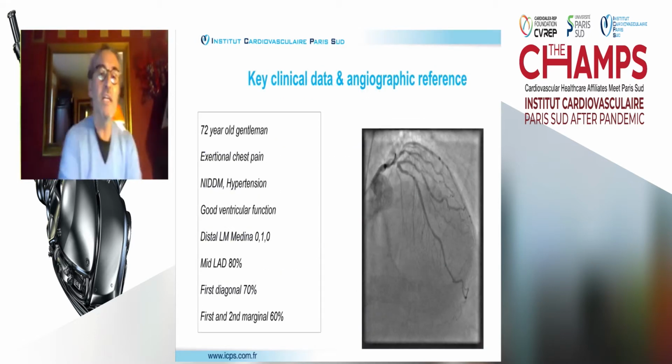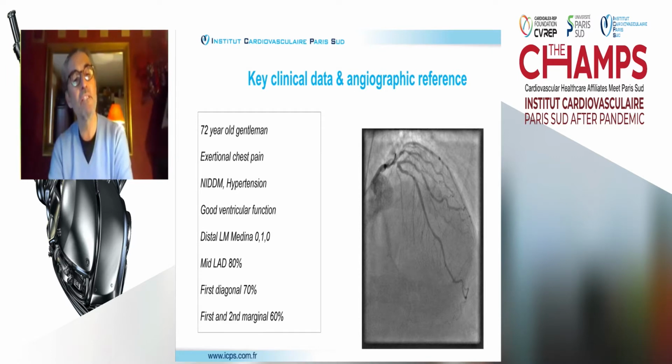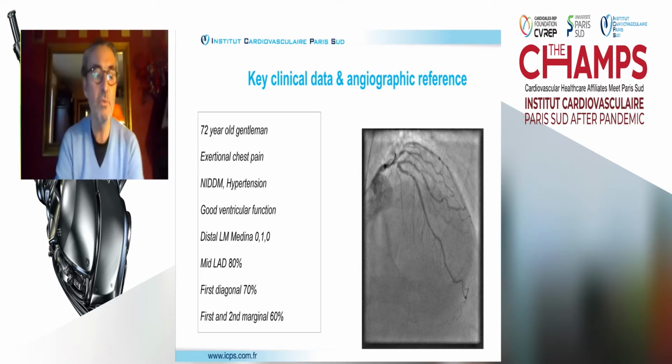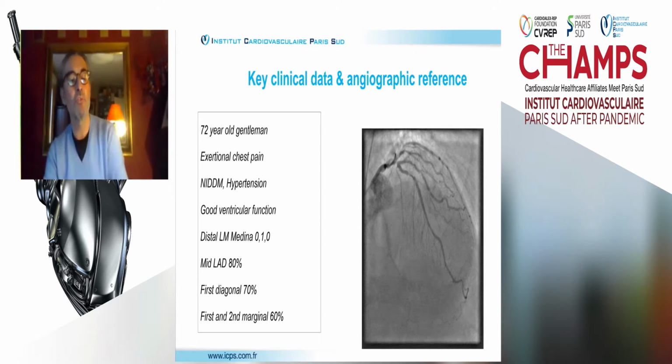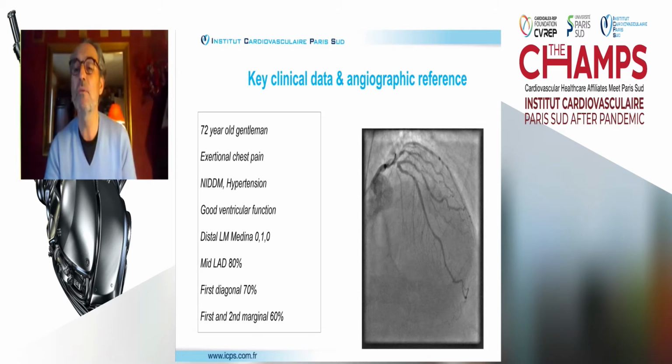So to summarize, this is a male, 72 years old, with chest pain, angina, with cardiovascular risk factors: diabetes and hypertension, good left ventricular function, and a left main disease of 0-1-0, a tight stenosis of the middle part of the LAD, 80%, the diagonal 70%, and 60% for the first and second marginal branches.